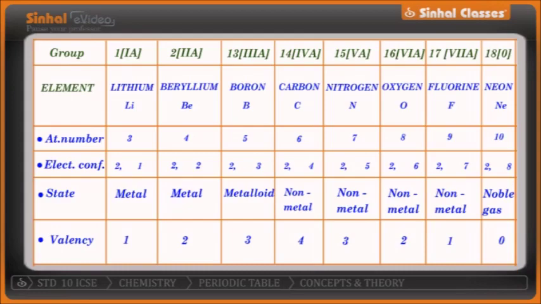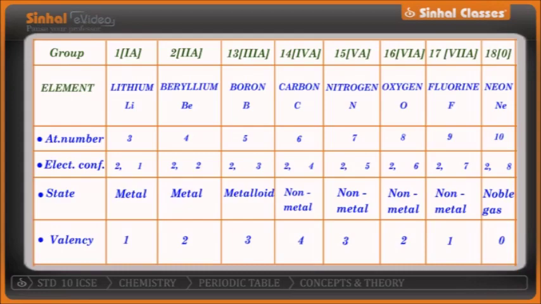Lithium is a metal, beryllium again a metal, whereas boron a metalloid, carbon non-metal, nitrogen non-metal, oxygen again non-metal, fluorine again a non-metal, and neon is a noble gas.